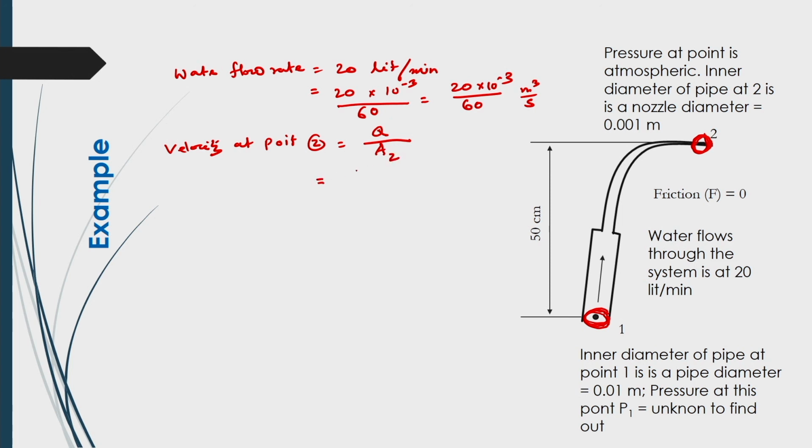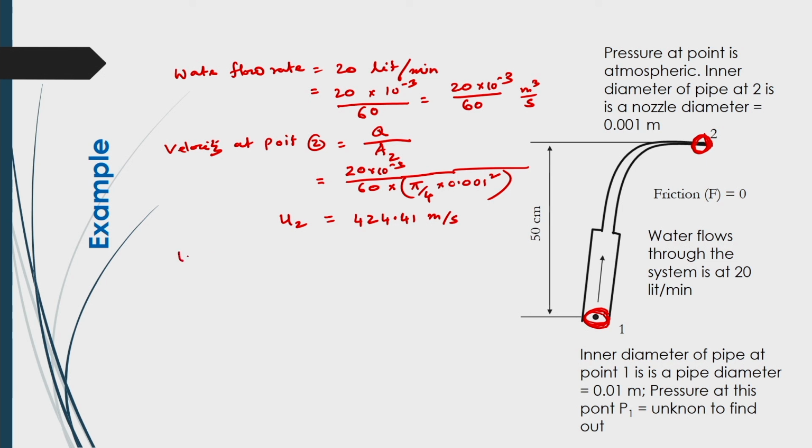So flow rate is 20 into 10 to the power minus 3 divided by 60, divided by the cross sectional area, pi by 4 into the diameter 0.001 square. Then finally U2 is equal to 424.41 meter per second.